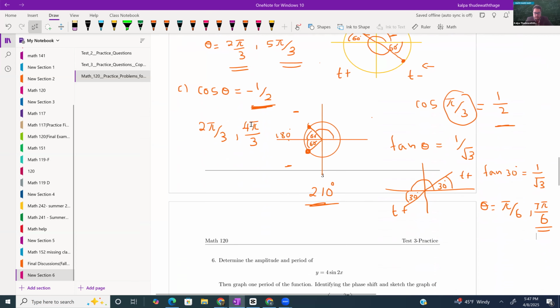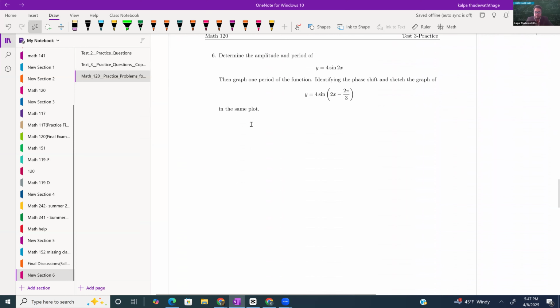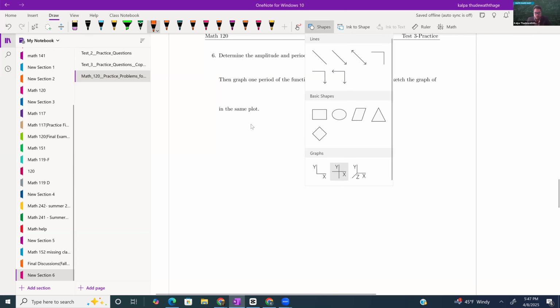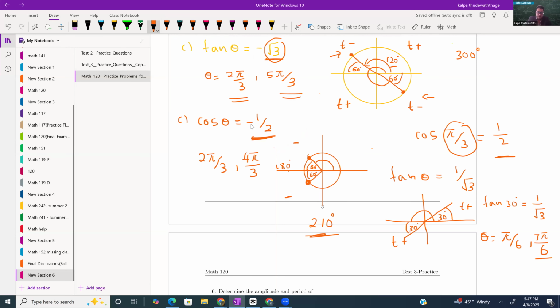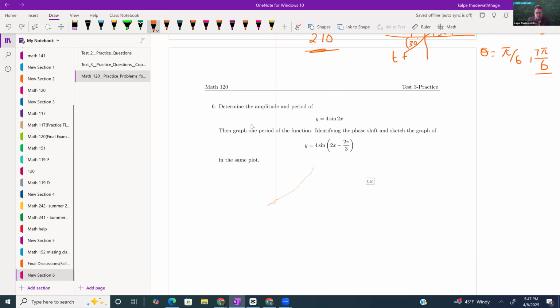Okay, right. Number 6 is drawing. So when you draw the graph, you can draw both graphs in the same place. It's going up and down anyway, so I'm going to draw it on this side. I'm going to erase this.